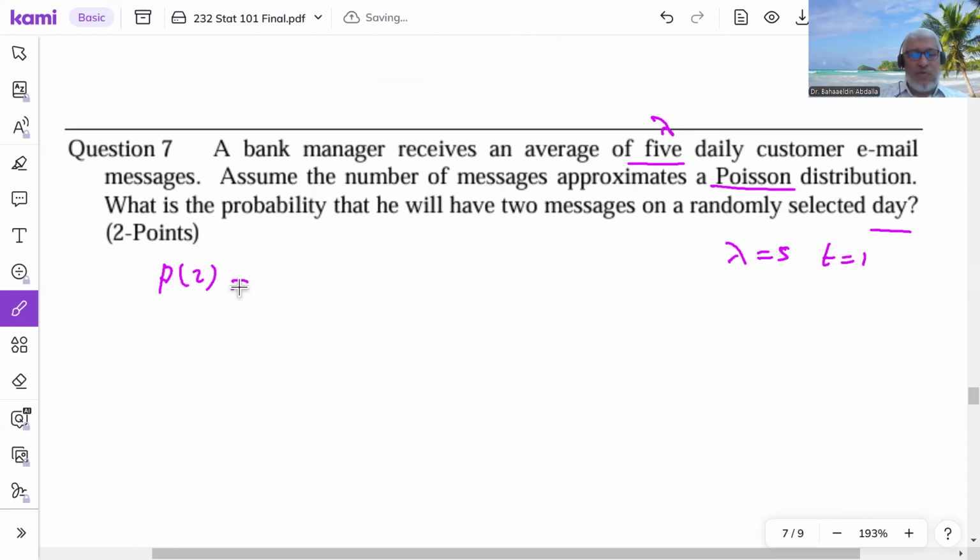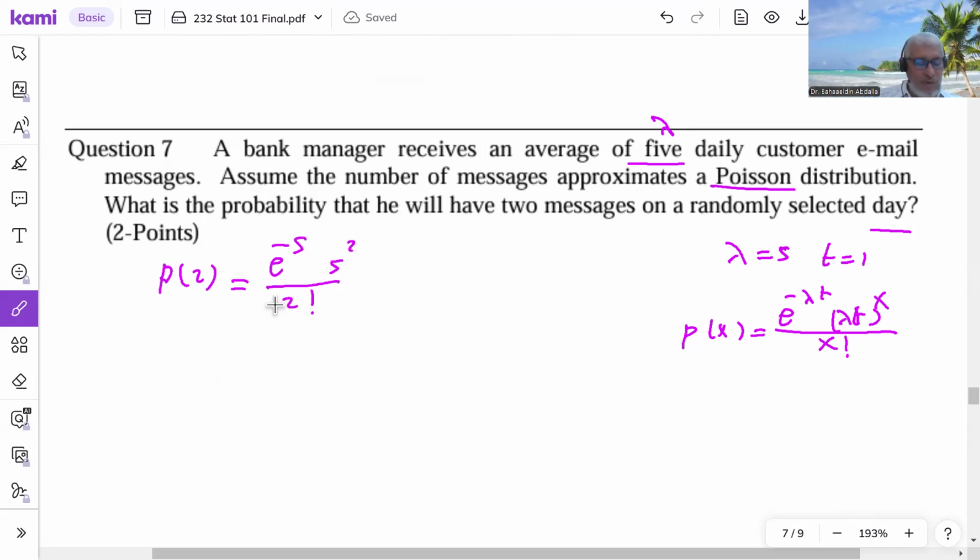So the probability of 2 would be, we know the formula, the probability of x is e to the power negative lambda t, times lambda t to the power x, over x factorial. So lambda times t is 5, so it's e to the power negative 5 times 5 to the power 2 over 2 factorial.